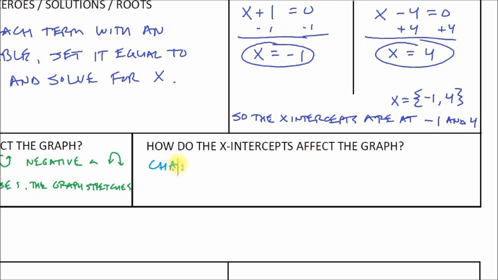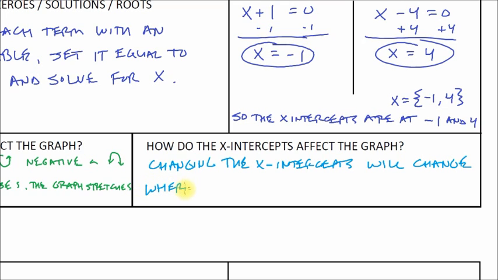Changing the x-intercepts will change where the graph crosses the x-axis. And that makes sense, since the x-intercepts are where we cross the x-axis.